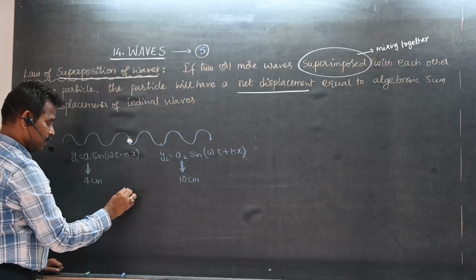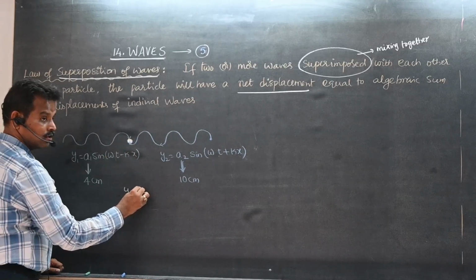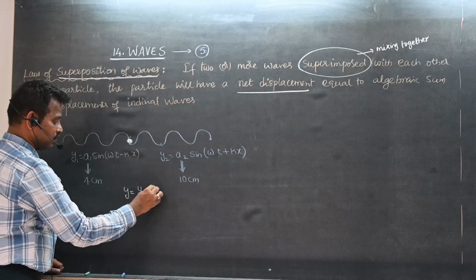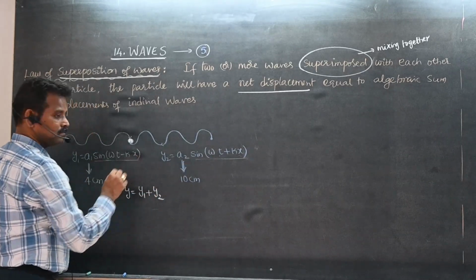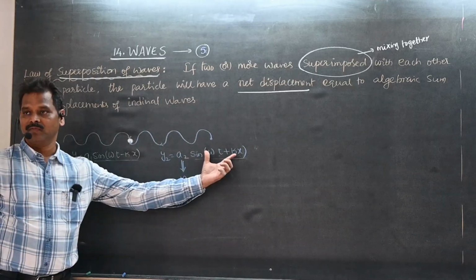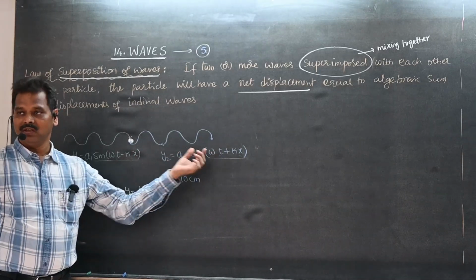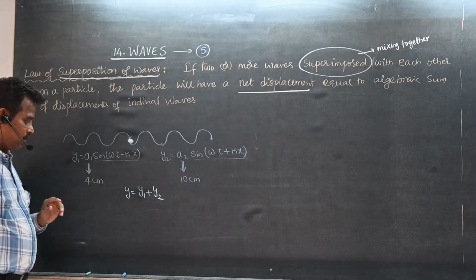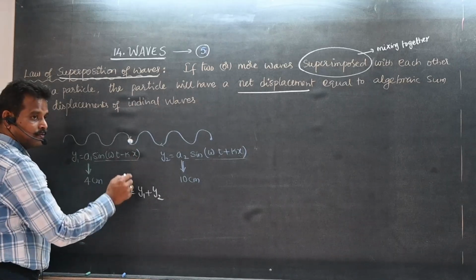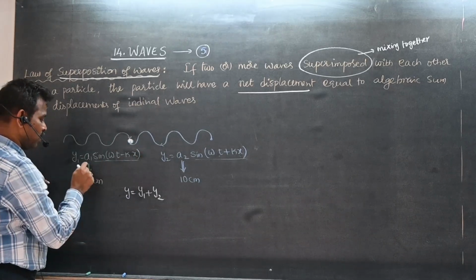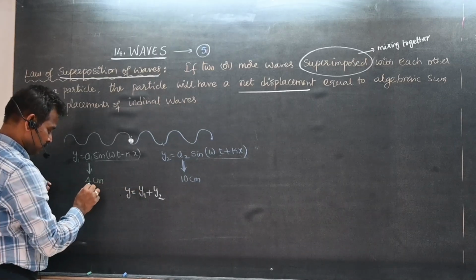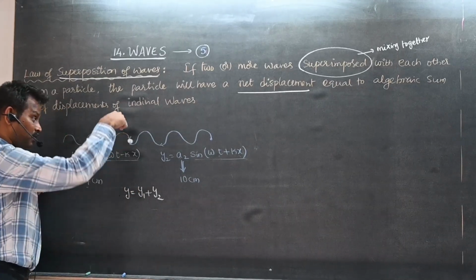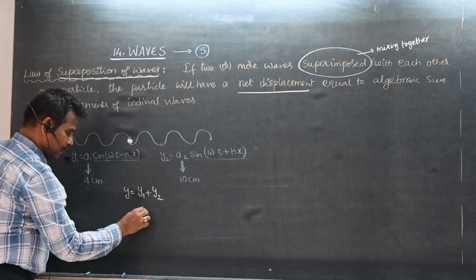Everything else is the same, there is no change in phase, only the amplitudes are different. Then what is the total displacement, y1 plus y2, or a1 plus a2? Here y1 is nothing but a1. I will keep this down. Can I say minus 4?